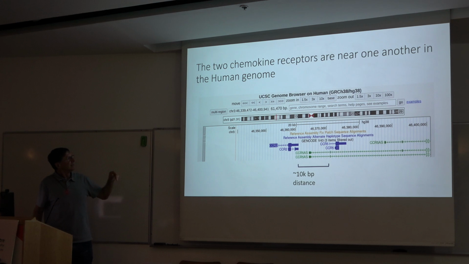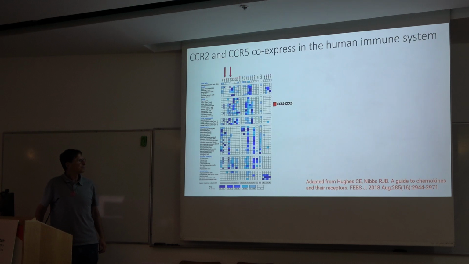This is a similar picture for human, and again you can see that everything is conserved, and the distance is 10 kilobase pairs. Now co-expression data for this particular pair.